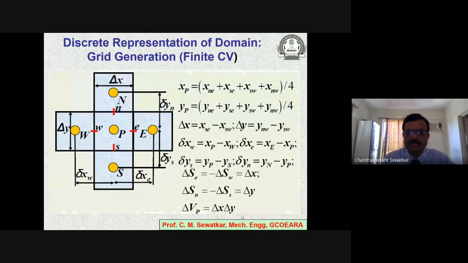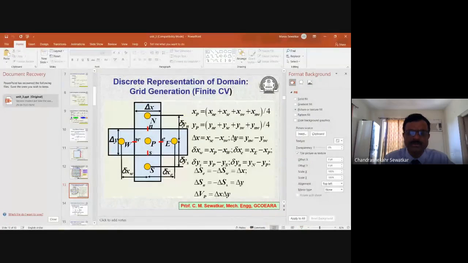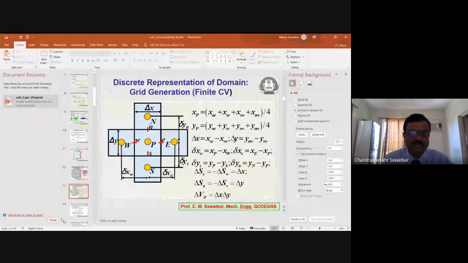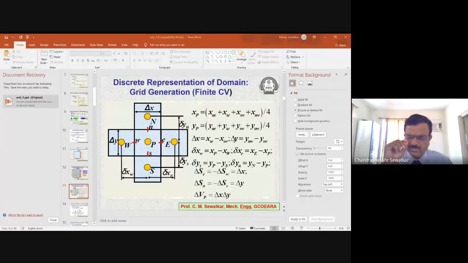I hope I am able to communicate what is done as a part of grid generation. In grid generation, we represent the entire domain as small cells, some finite number of cells.